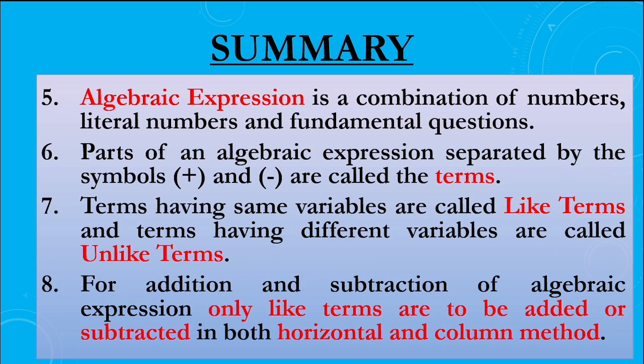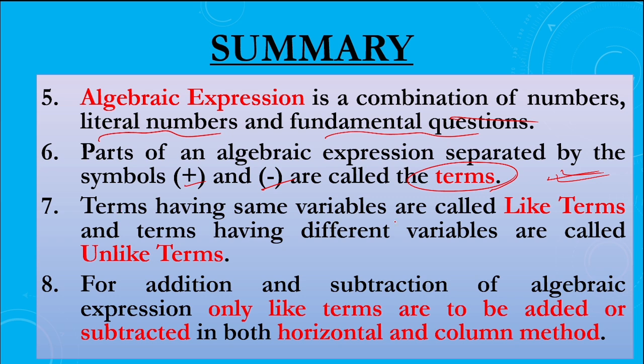Okay, an algebraic expression is the combination of numbers, literal numbers and fundamental operations. The parts of an algebraic expression separated by plus or minus symbols are called terms. By number of terms we can say monomial, binomial, trinomial and quadrinomial.